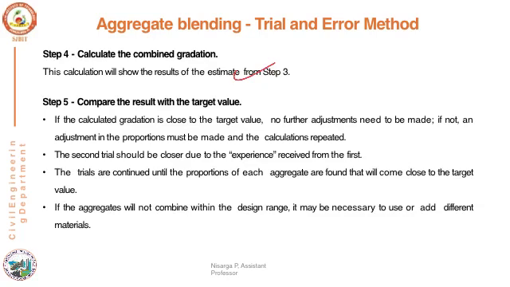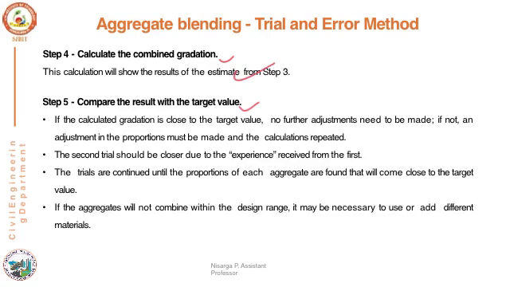After the completion of the first trial, we compare these two results and check whether the combined gradation we have obtained is almost equal to the target value. If this value doesn't match, then based upon the experience gained from step 3, you have to modify the proportion of aggregate A and B suitably, such that the combined gradation equals the target value.